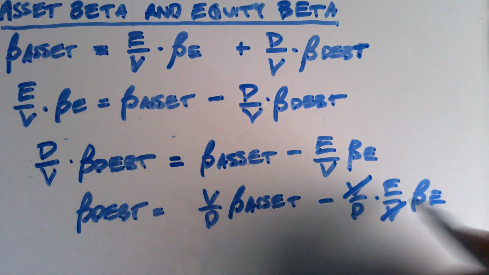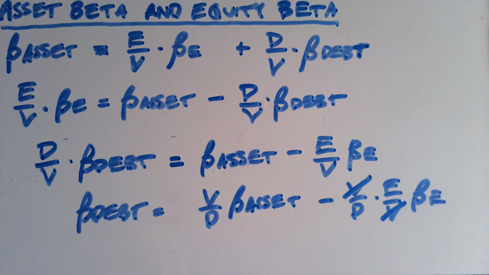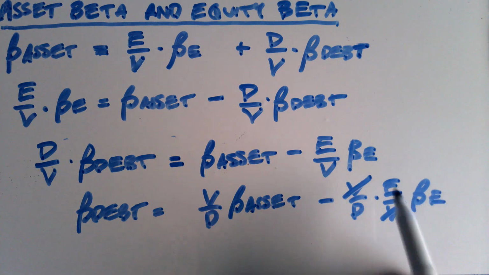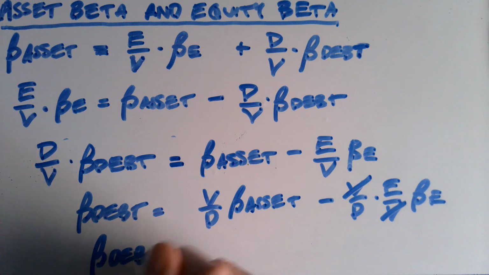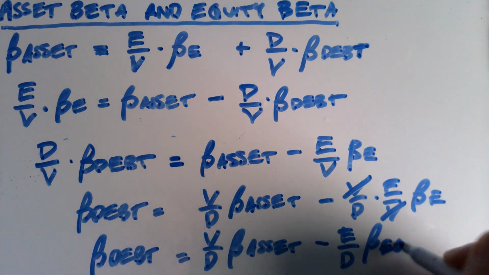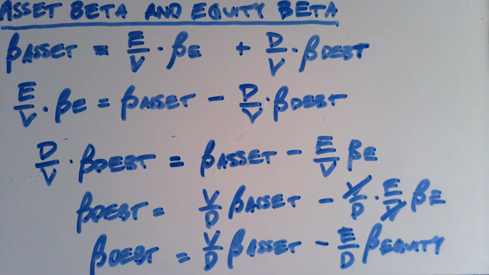Note that the V's cancel out, and we are left with the inverse of the debt-to-equity ratio here. And so that's how we would calculate beta of the debt if we were not assuming that it was 0.